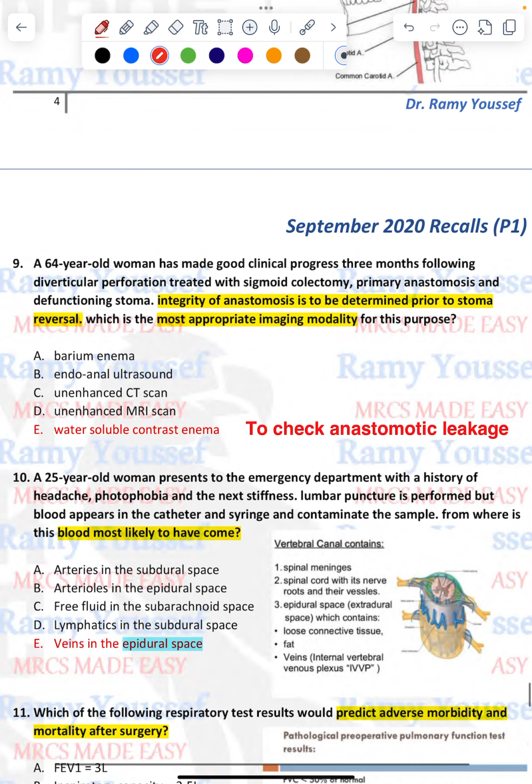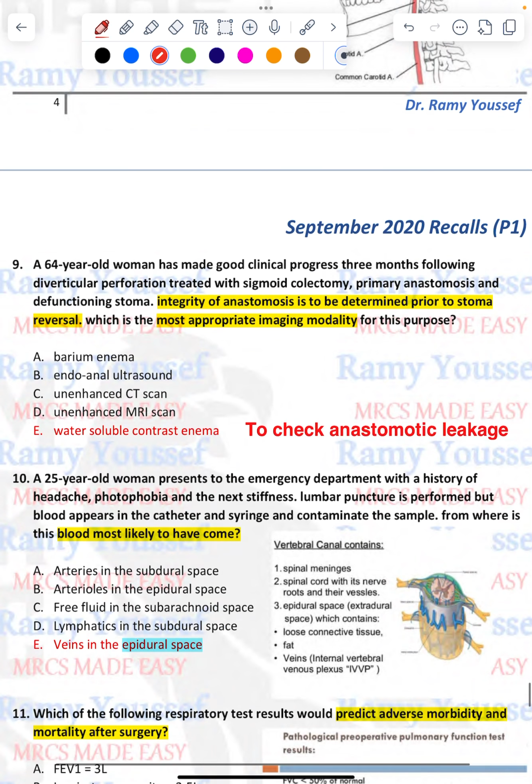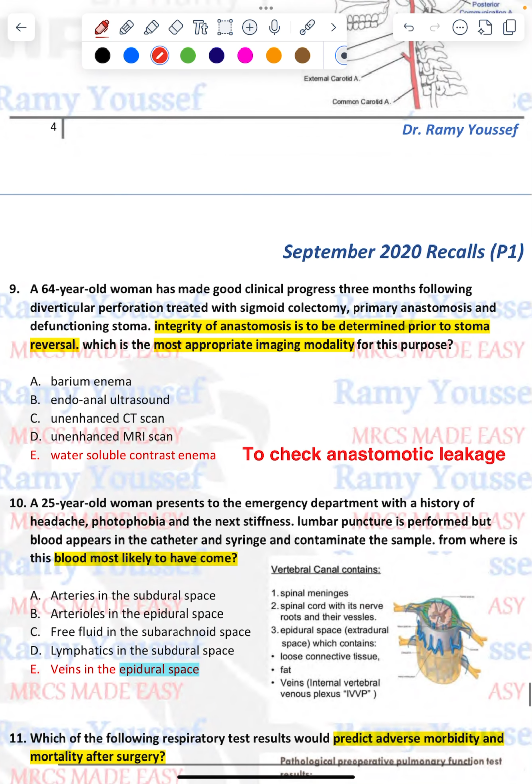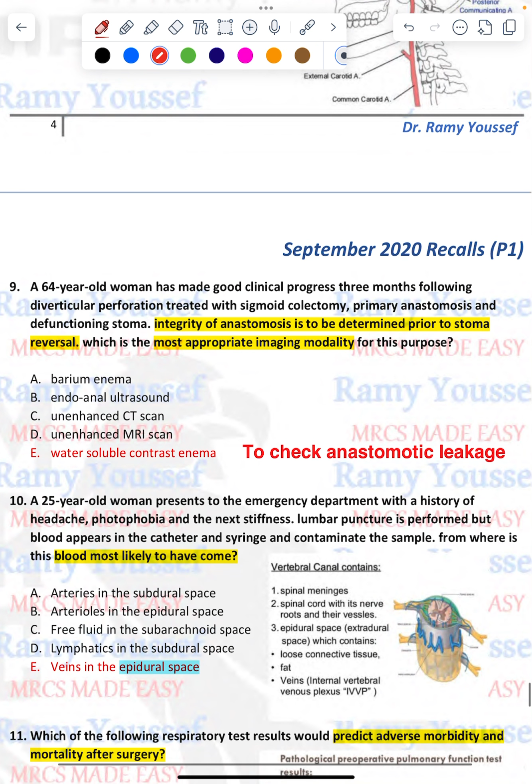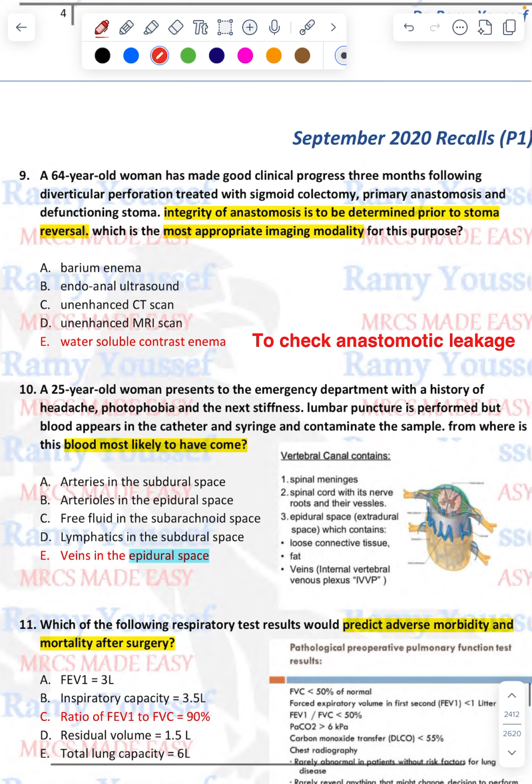Which of the following respiratory tests would predict adverse morbidity and mortality after surgery? Which test of respiration will prove forced vital capacity, ratio of FEV1 to FVC less than 90? In 90%, if it is going out, FEV1, 3 liter inspiratory capacity, normal residual volume and total lung capacity.